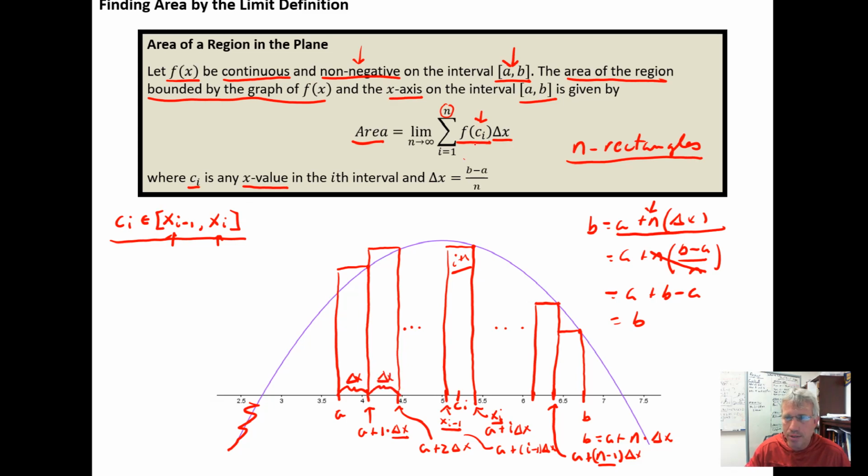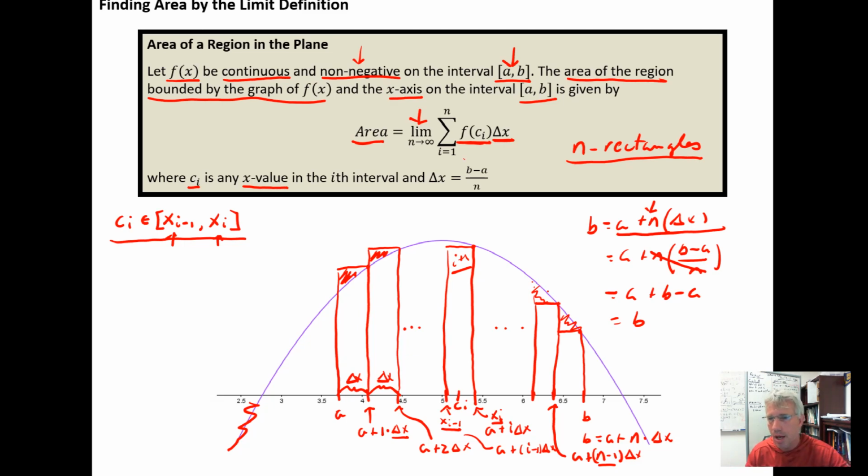So we're doing an estimated height times width to get the area of the rectangle. And then we take the limit as n goes to infinity. We want infinitely many rectangles, because as we get more and more rectangles, the over or under estimates get smaller and smaller until the rectangles perfectly fit under the curve, giving us the exact area.